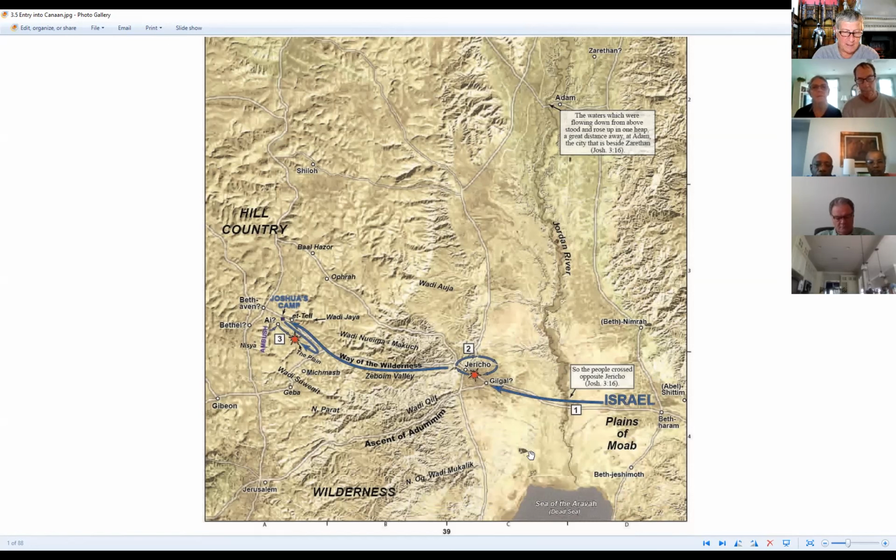So the big problem for the Israelites was that they had no experience in siegecraft. And of course, the capture of the town that was secured behind the walls and towers and battlements was going to be a problem. Now, when I say siegecraft, I'm referring to those weapons or implements of war that were used to breach walled cities, like rams and catapults and large towers with ramps that they could use to breach walls.